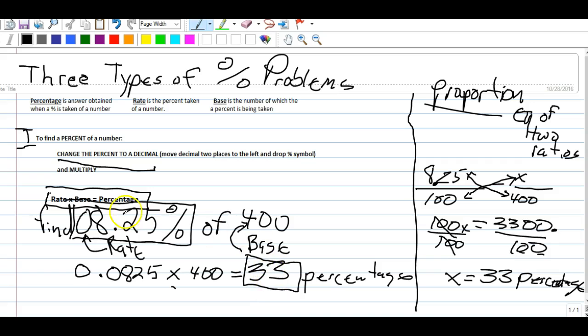And again, the author refers to the percent as the rate, the number of which the percent is being taken as the base, and the answer obtained when a percent is taken as the percentage itself. Again, I'm not going to get too hung up on those terms. The only thing I really care that you know is how to find the percent of a number. So change the percent to a decimal and multiply. Or you can solve it using a proportion.